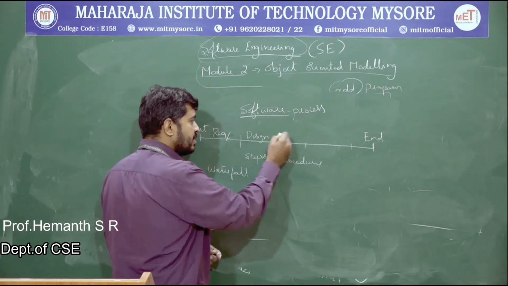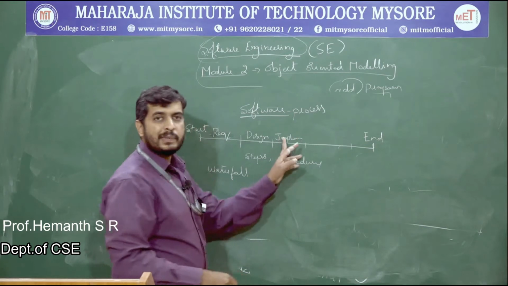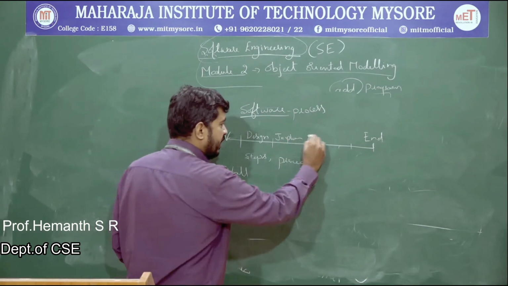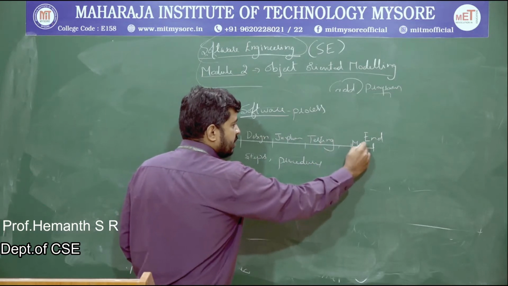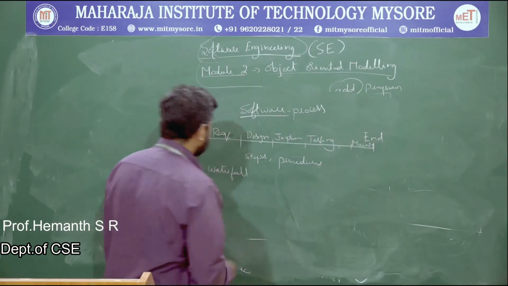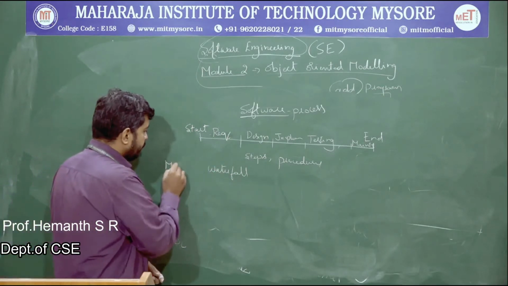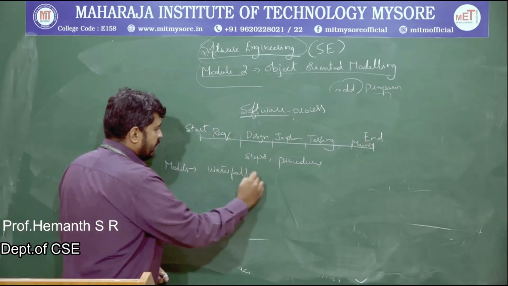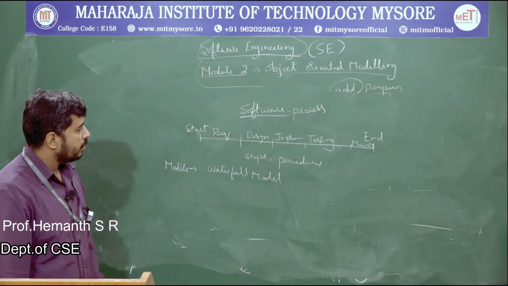Step 3, after the design it is implementation. Once done with the implementation, you enter into testing, and once you complete testing, it is maintenance. So that is the waterfall model that you studied in module 1.